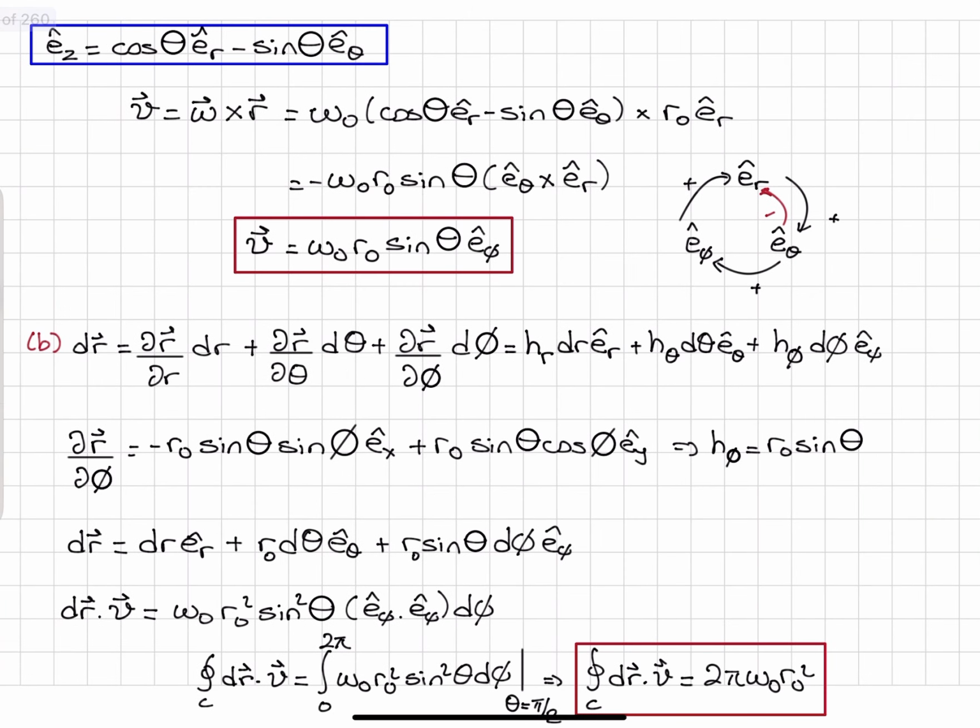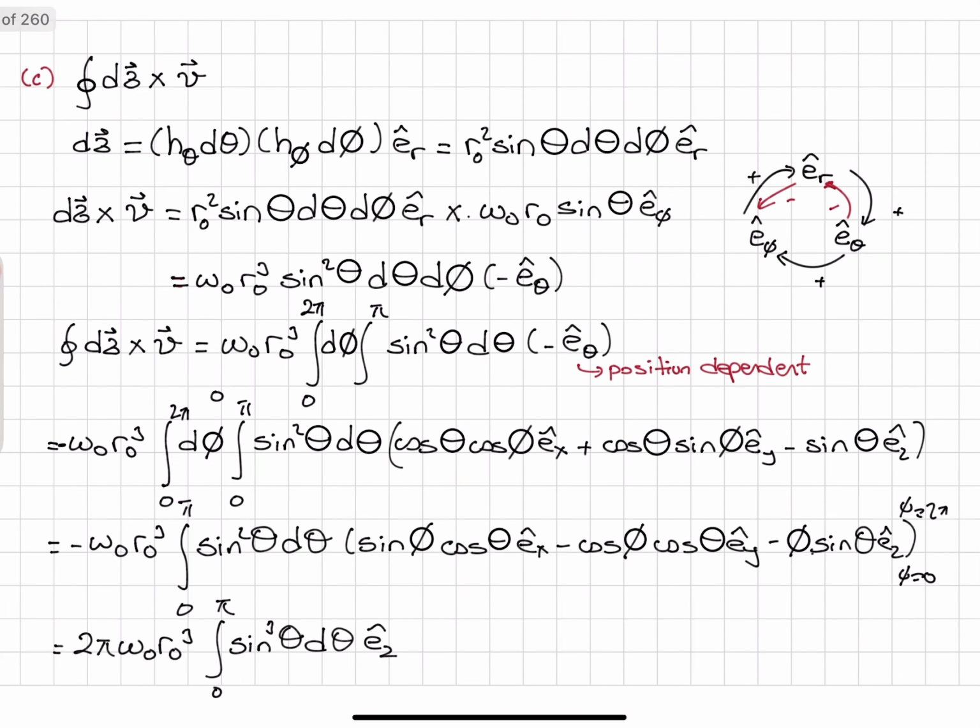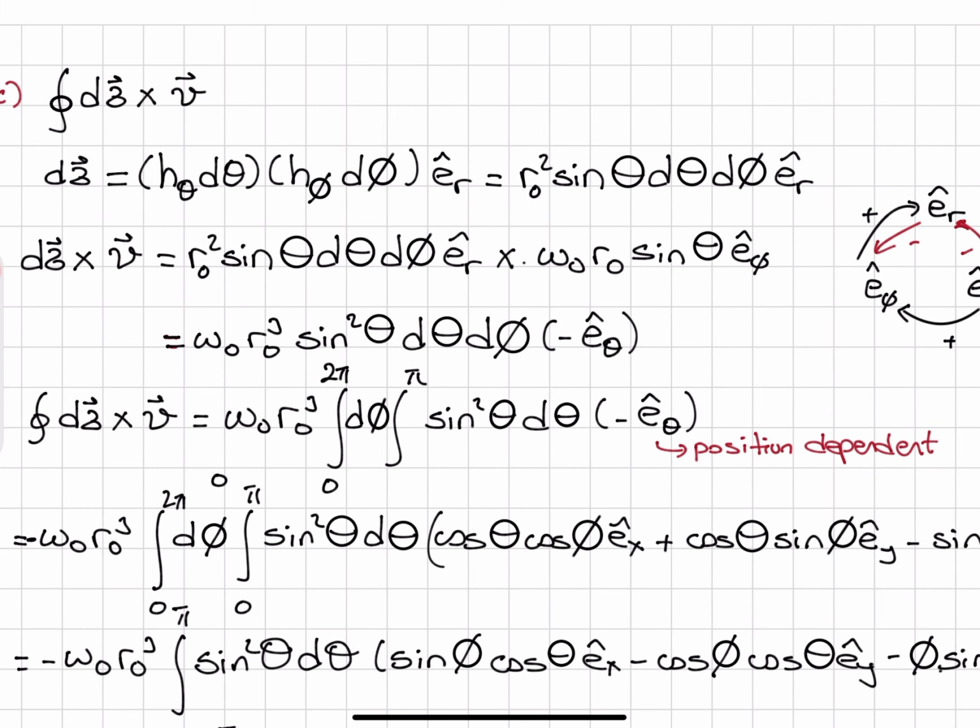All right, so we worked on this closed surface integral d sigma cross v. First thing is to determine what the sigma vector is. It's this differential surface area vector, h theta d theta h phi d phi in er hat direction. For a sphere, it has to be radially outward in er hat direction.